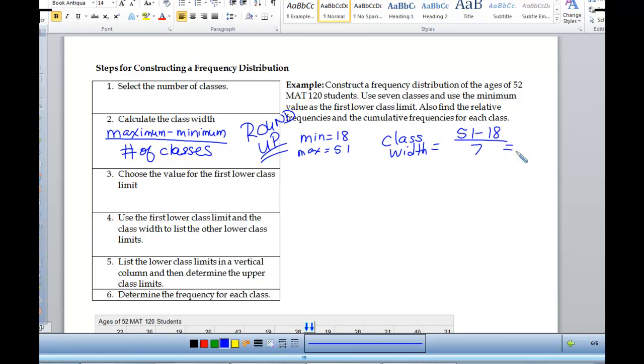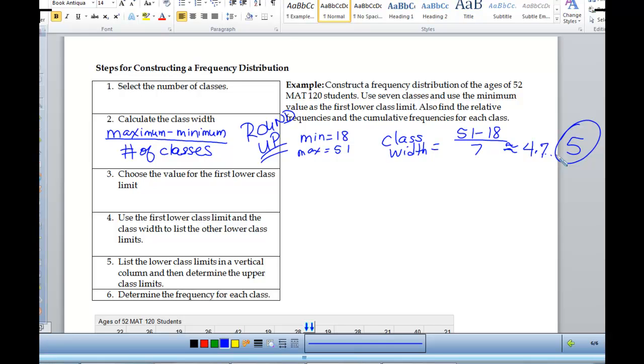That comes up to what? 4 point something. Approximately 4 point something, which we're going to round up to 5. Even if this thing came out to be 4.1, I would still round it up to 5. Always round up. Otherwise, it won't work.